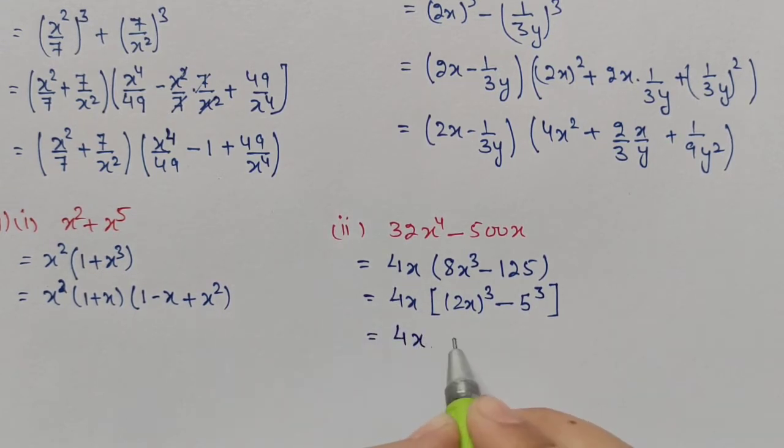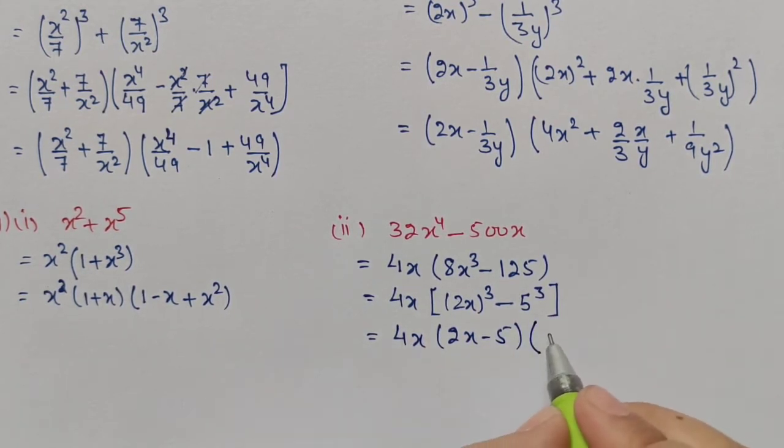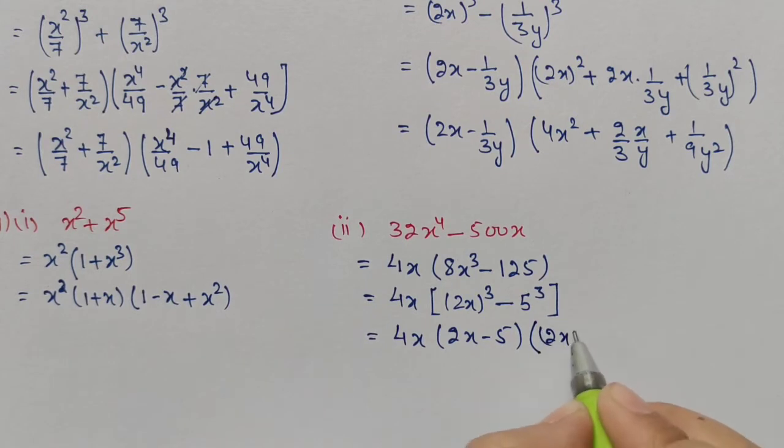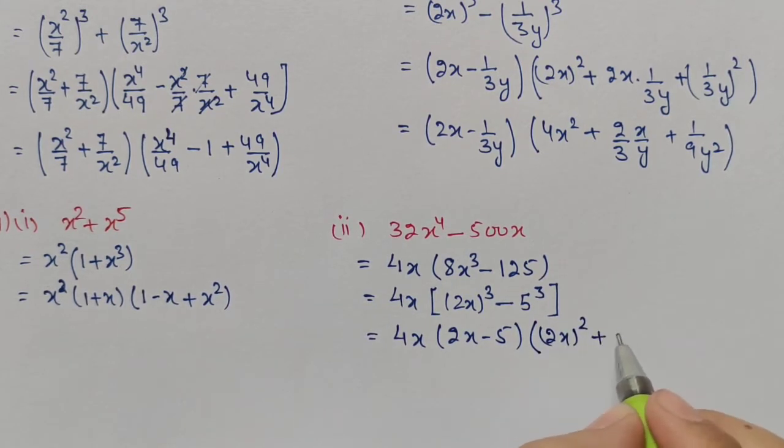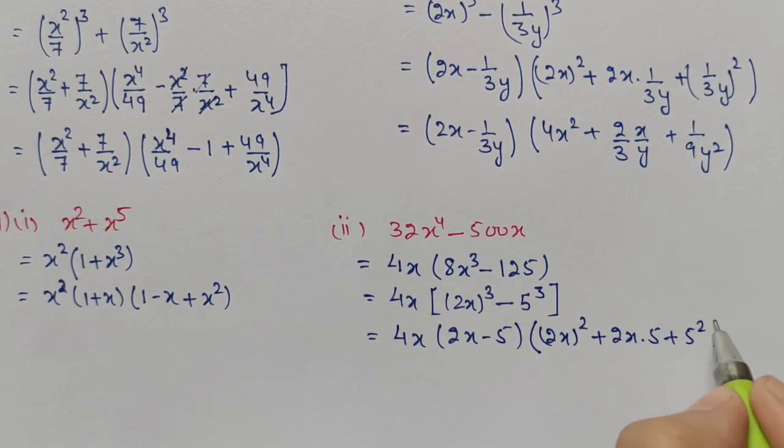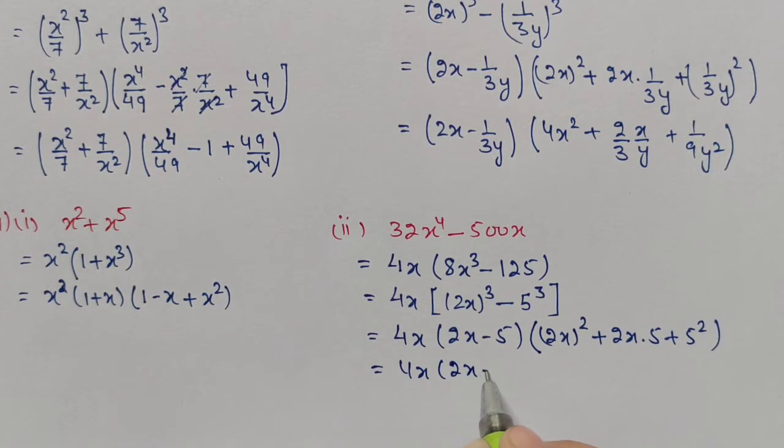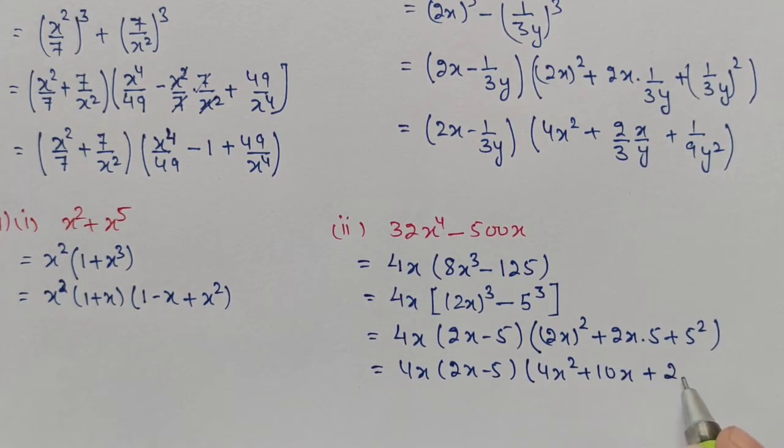A cube minus b cube is equal to (a minus b), 2x minus 5, then a square (2x) whole square, plus ab, 2x into 5, and plus b square. We will get (2x minus 5) here, and this one we can write as 4x square, 2 into 5 is 10x, and 5 square is 25.